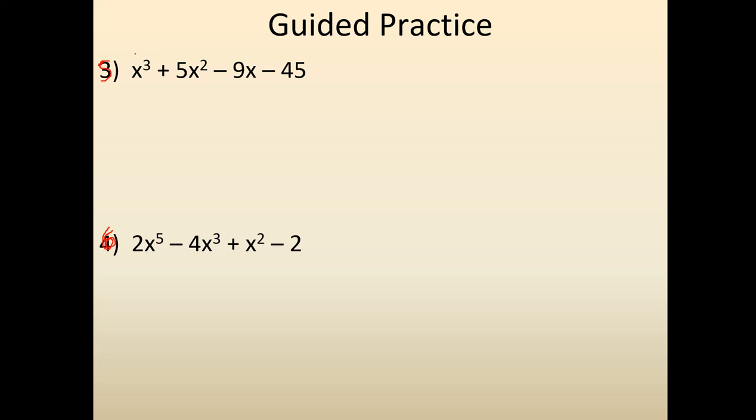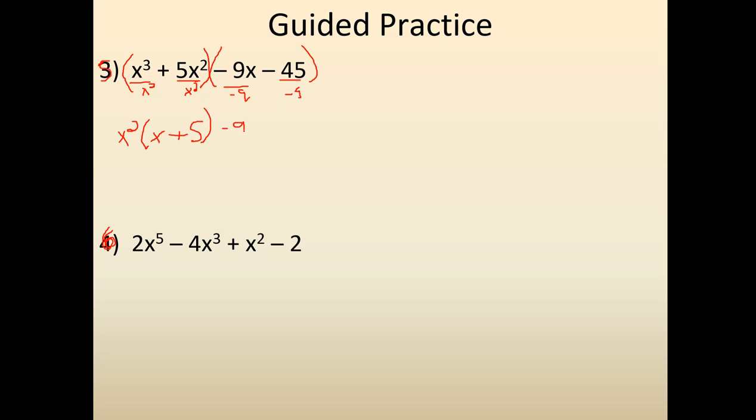All right, so once again, factor by grouping, already in standard form. Pull out an x squared, and I'm left with x squared times x plus 5. Since this is a single x, that means I could probably pull out a negative 9 from both of these terms.